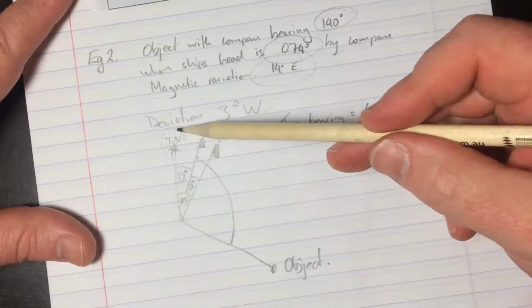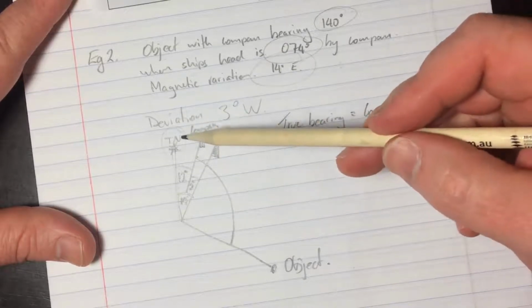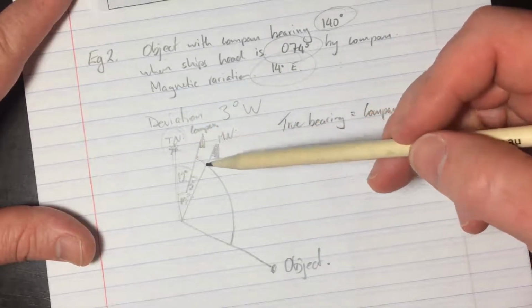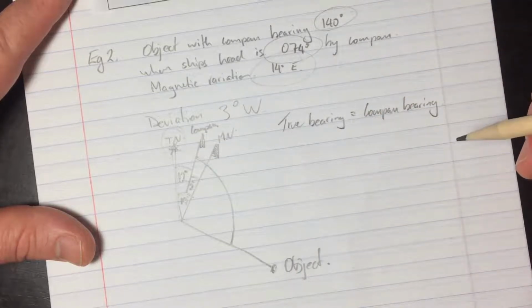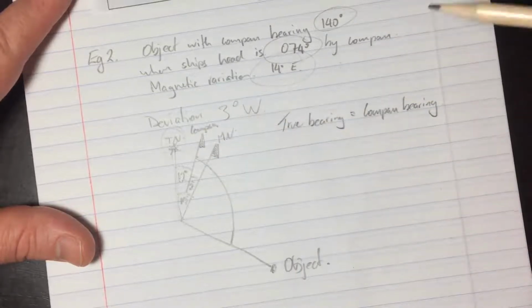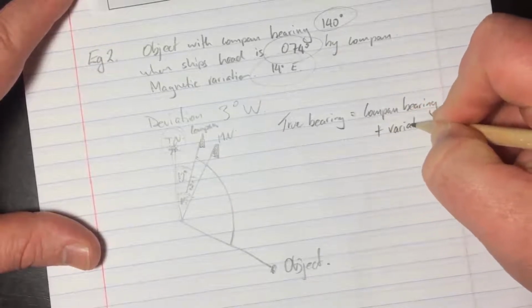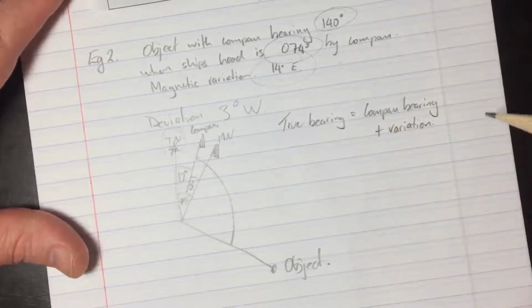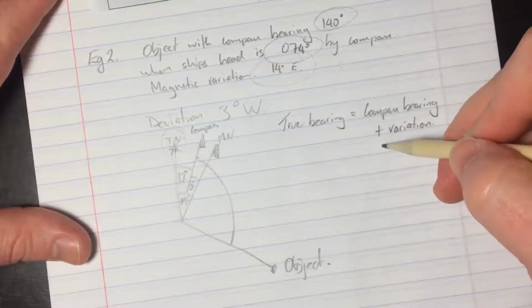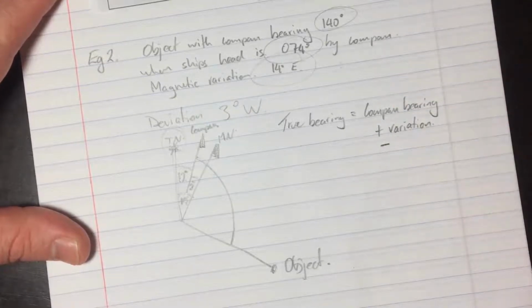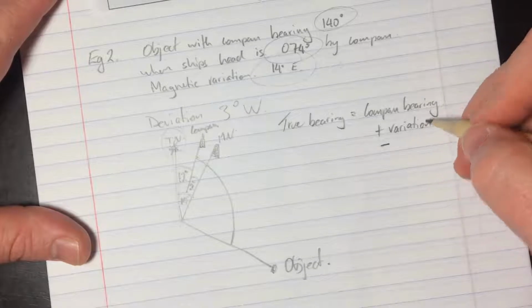Now, if our variation is easterly, which it is in this case, then we're going to add that on. And if our deviation is westerly, which it is in this case, we're going to subtract it.